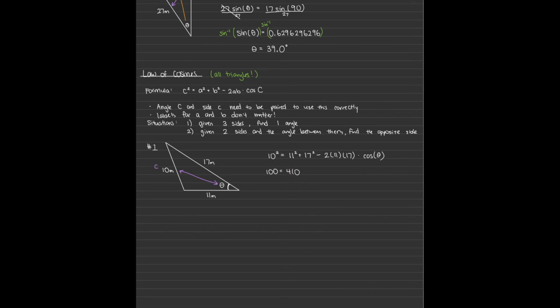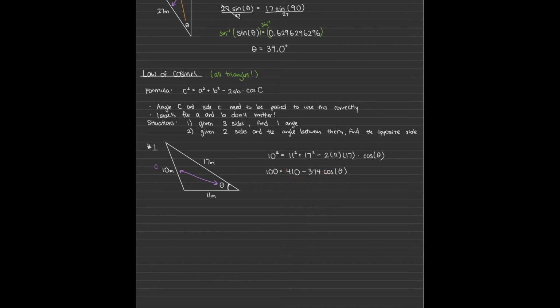And we can also compute the negative 2 times 11 times 17. So this is 374 cosine theta. And again, fight the temptation to subtract these because you can't. We have to respect the multiplication. We have to do multiplication before subtraction, and so we cannot just jump right ahead to subtracting those two.